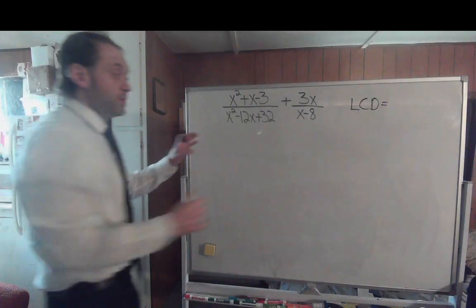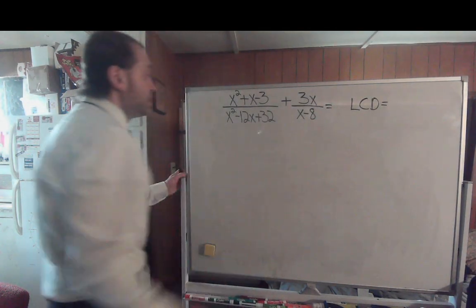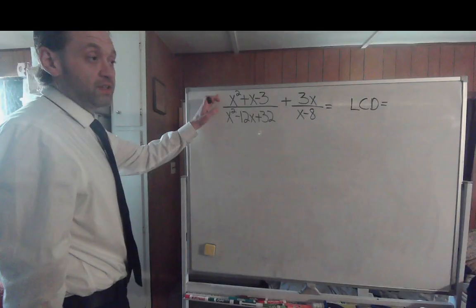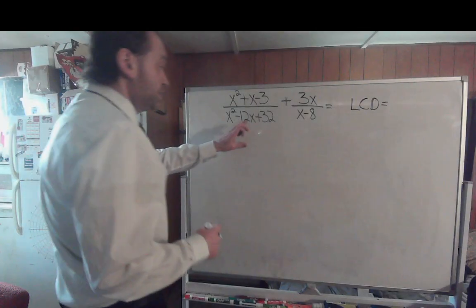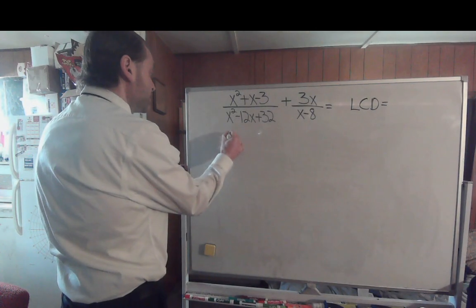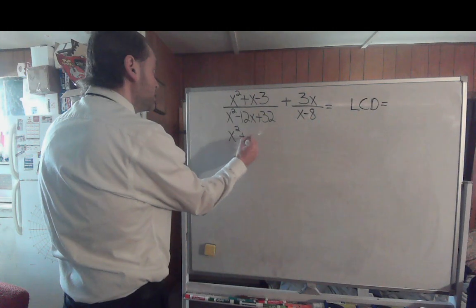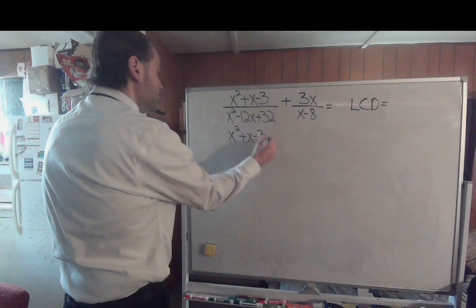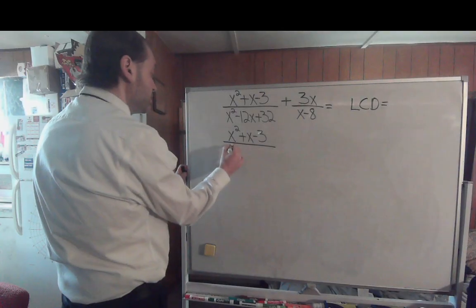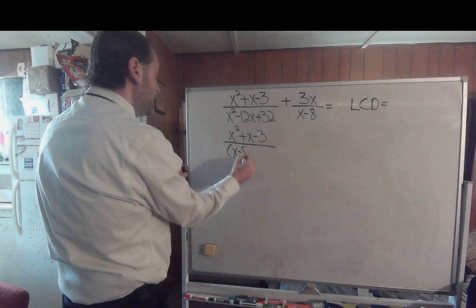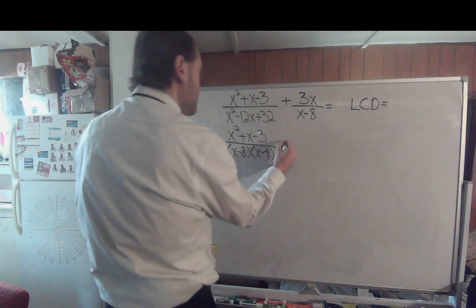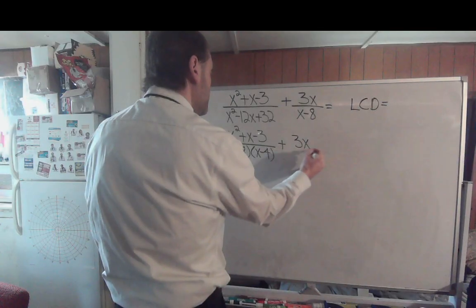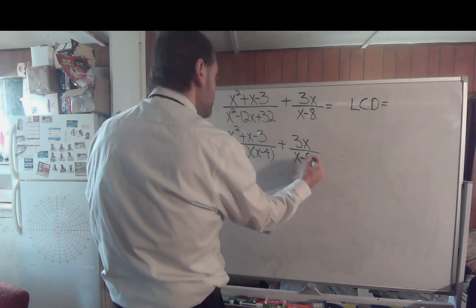Well, let's see what we can factor out here. The first term, the numerator, definitely isn't going to factor. The denominator, though, will definitely factor. So you'll have (x squared plus x minus 3) all over, this would turn into (x minus 8) times (x minus 4). Plus you'll have a 3x over (x minus 8).